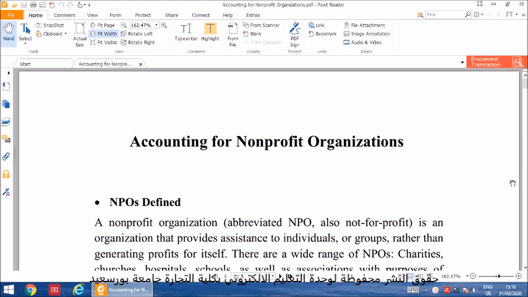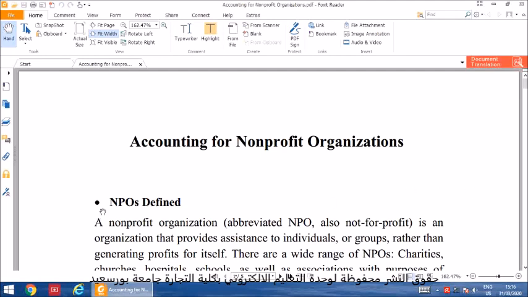Here we present a new accounting system which is applied in non-profit organizations.